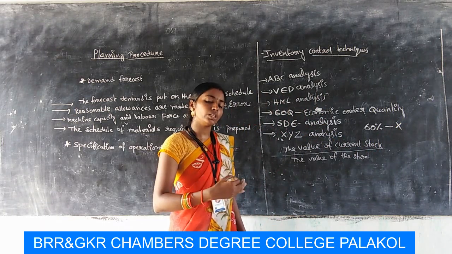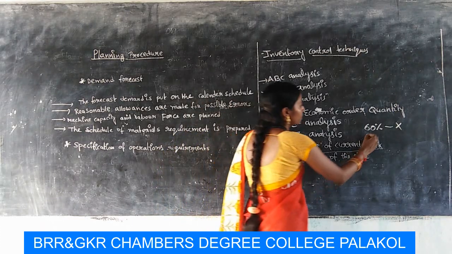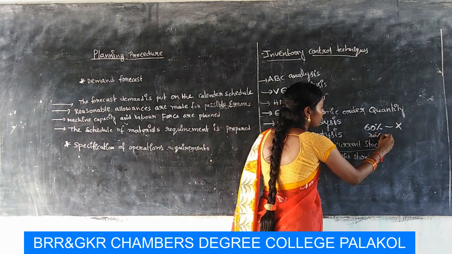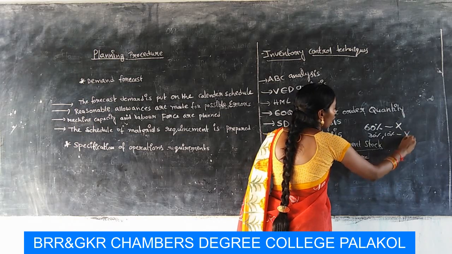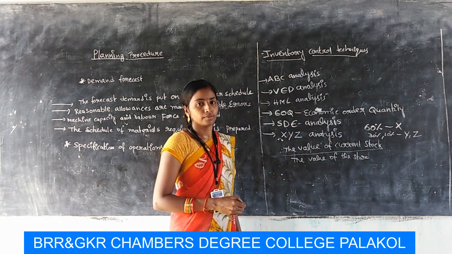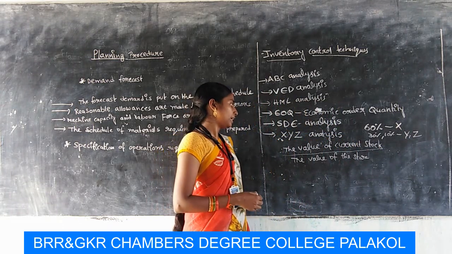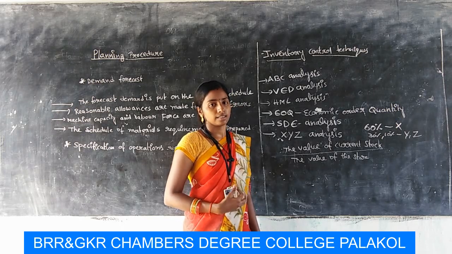Then again we do the accumulation. If it increases by another 30% or another 10%, those are categorized into Y and Z respectively. That's why we call it XYZ analysis.